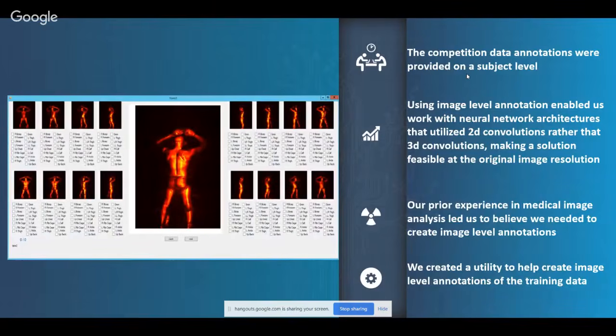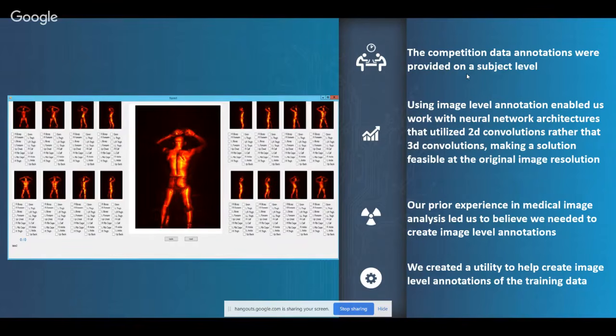In order to train that architecture, we needed to create frame level annotations on these 16 projections. What that enables us to do is train threat detection on a frame level like any other image classification problem, and then aggregate across frames with our LSTM.